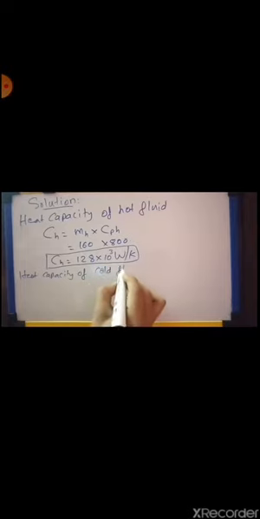Then heat capacity of cold fluid, Cc is equal to m dot c into Cpc, which is equal to 110 into 1100. We get Cc is equal to 121 into 10 raised to 3 watt per Kelvin.